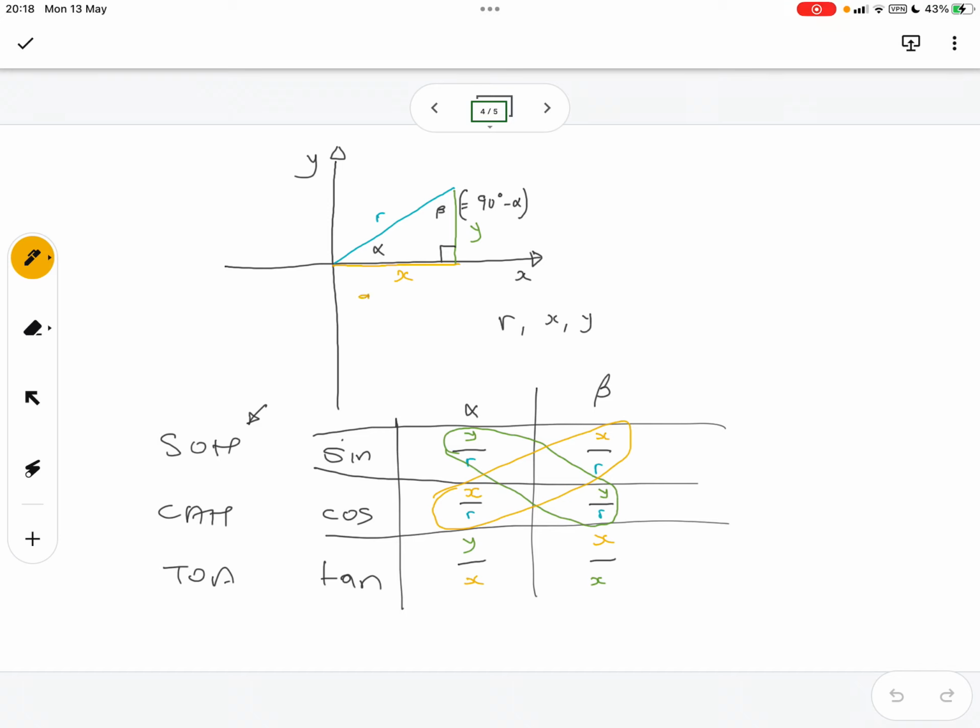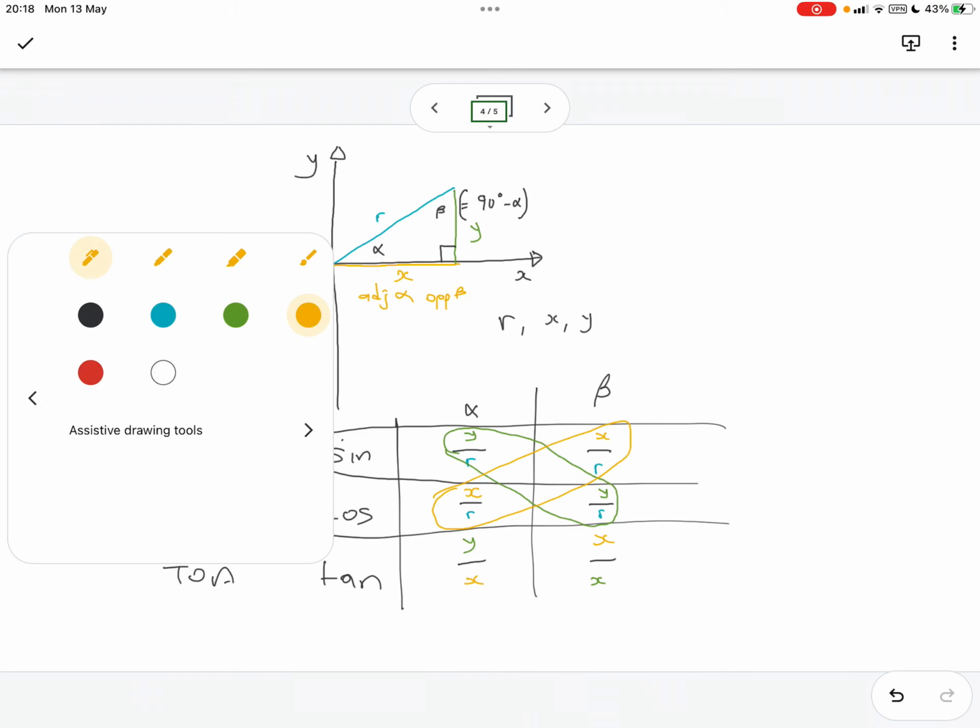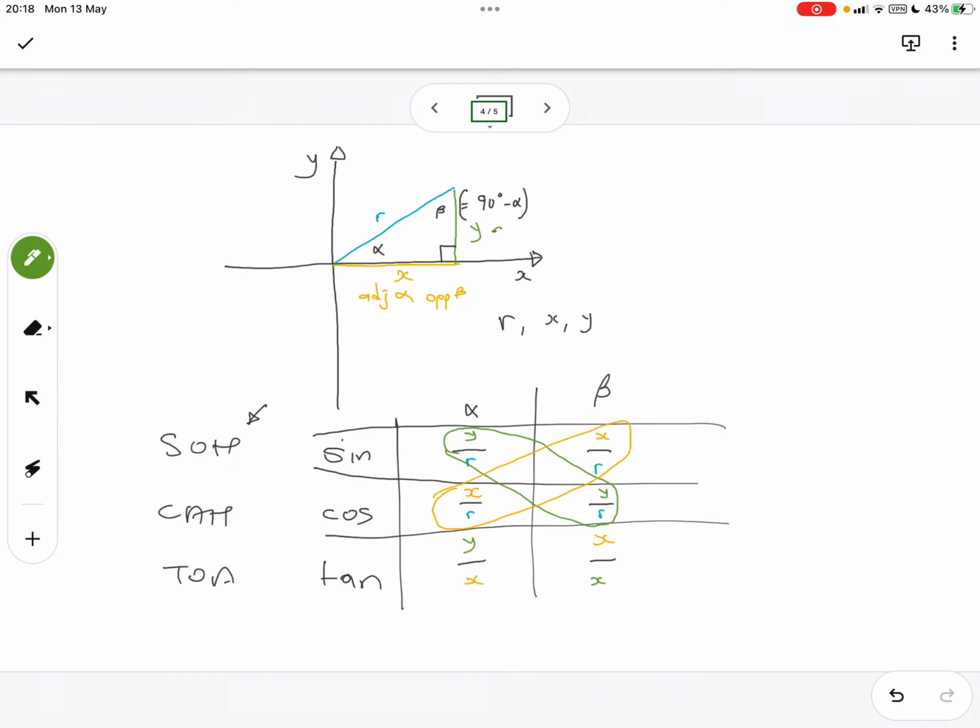Same as in this triangle: this is adjacent alpha, opposite beta, but adjacent beta is Y and it's opposite alpha. You see that?